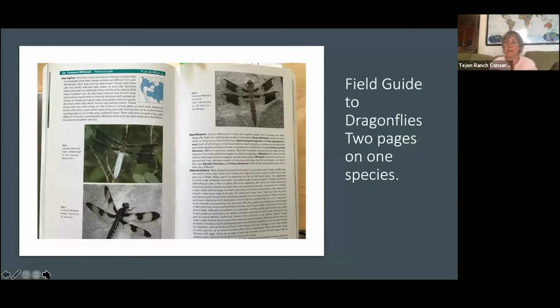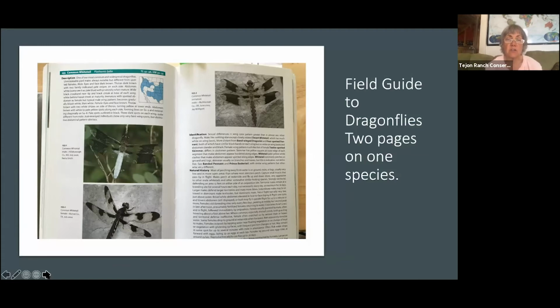Here is a field guide with 300 or 400 pages about the same subject, in this case, dragonflies. And this book has, for example, on this page, one species of dragonfly. You'll notice on the left side there is a map. The blue is where you would find that dragonfly.